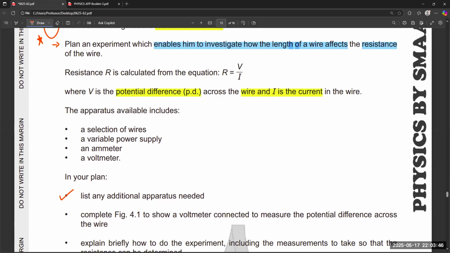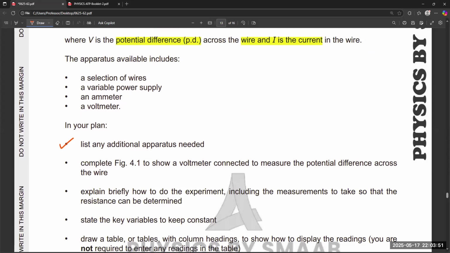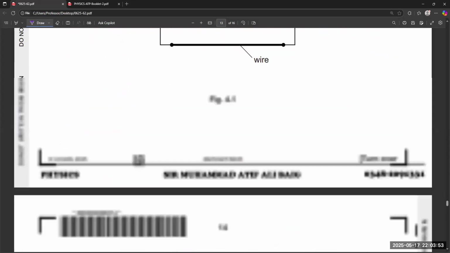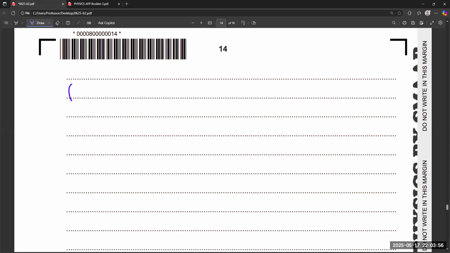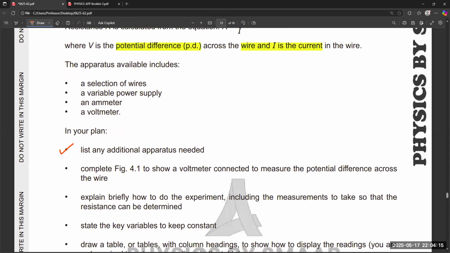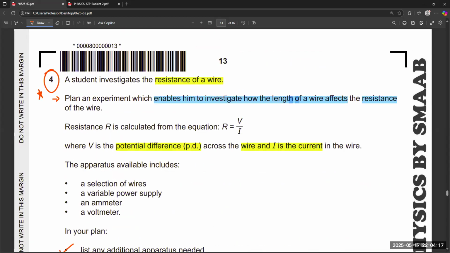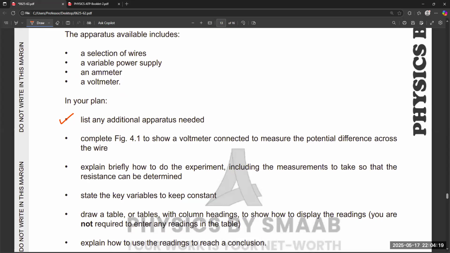And yes, meter rule is not given to measure the length. So for the first part, apparatus, meter rule is not given. Because in the question it is mentioned different lengths of the wires. So how do we measure the length if there is no meter rule given?